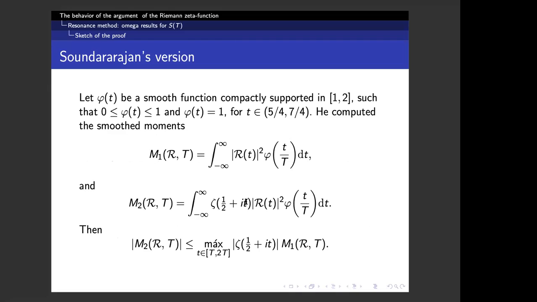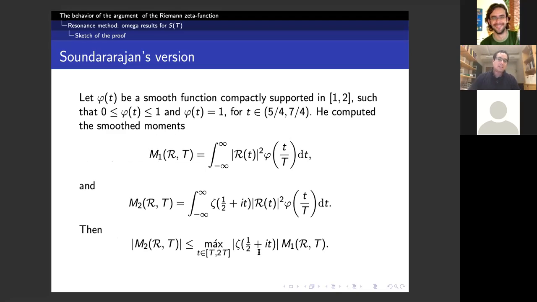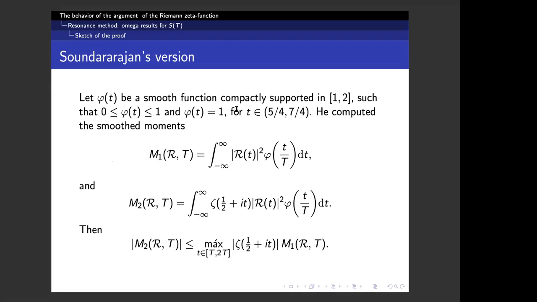Let me review the idea of Soundararajan. So Soundararajan found an omega result for the Riemann zeta function in this form. Let Φ be a smooth function with support in the interval [1, 2], a positive function, such that it is 1 in this small interval.